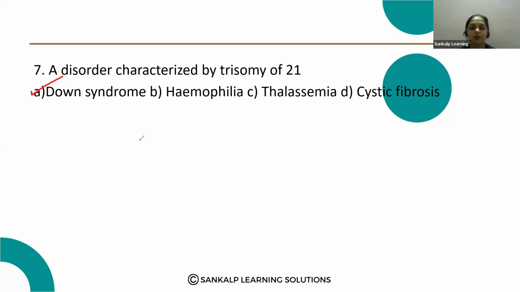In Down syndrome, the 21st chromosome becomes three in number, so that is called trisomy of 21. The X and Y or XX chromosomes will be the same, but there is a 21st chromosome trisomy, that is Down syndrome.